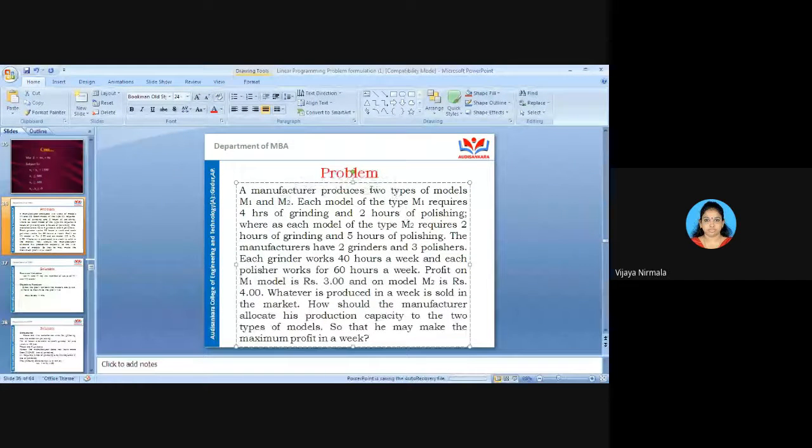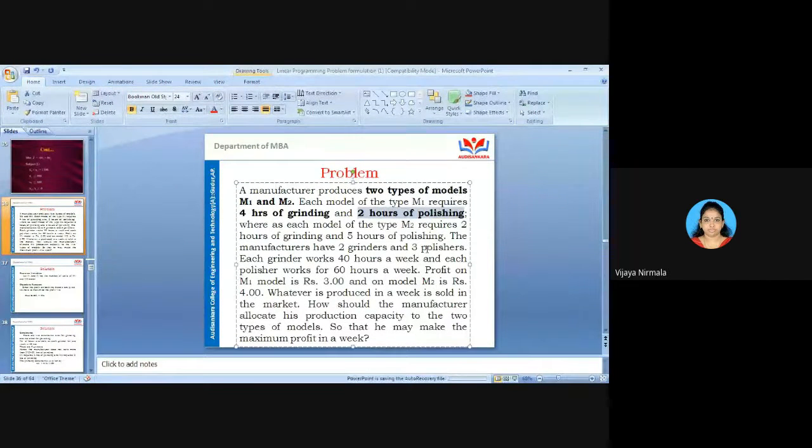Each model of type M1 requires 4 hours of grinding and 2 hours of polishing.